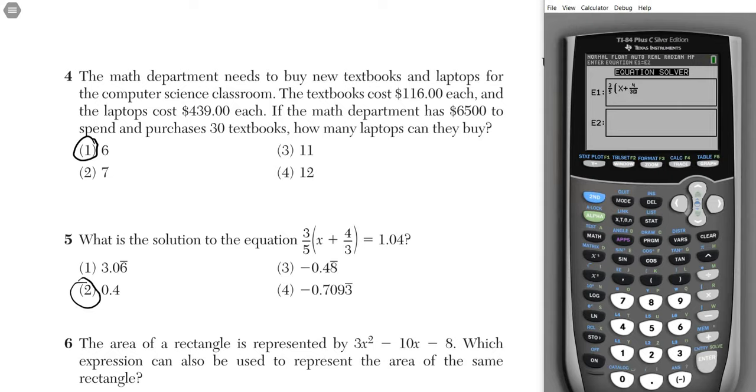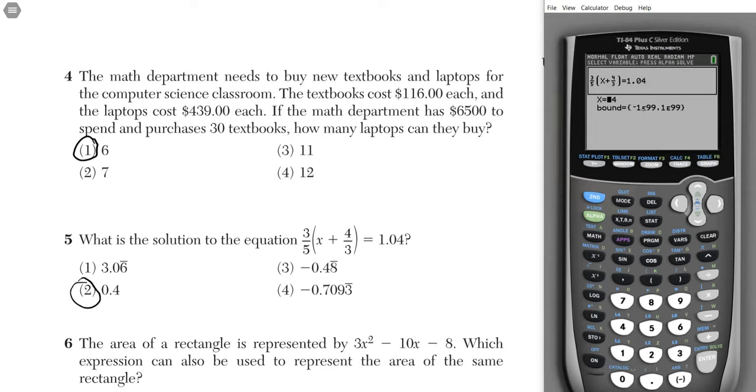Expression 1 is going to be the left side, 4/3. And expression 2, that's going to be the right side of the equation, 1.04. Enter for OK. Now this is kind of like the guess. X equals 0.4, it's the guess. It's going to give you the closest solution or point of intersection to whatever that guess is. The bound is like the range of what it's in between, right?